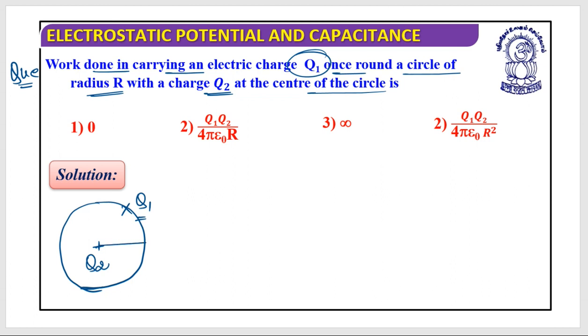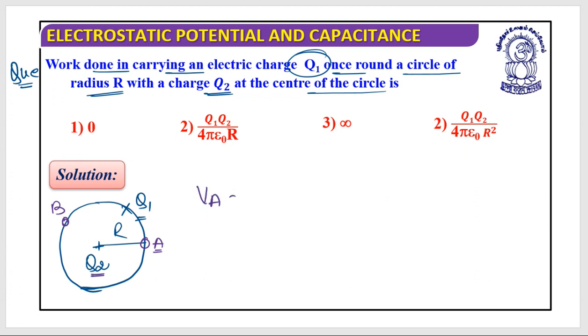This is the situation. So let us consider arbitrarily any 2 points, say VA and VB. Write down the potential at A and B due to this charge Q2.